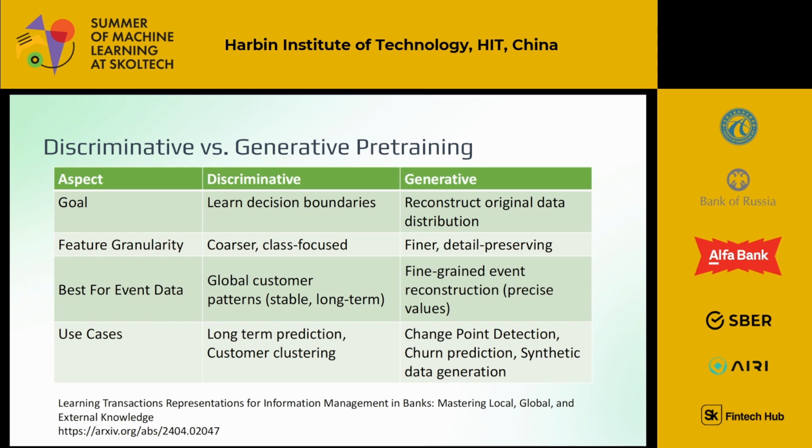It means that these generative methods should work better with tasks which require local dependencies in the data, like fraud detection, prediction of next events, and so on.